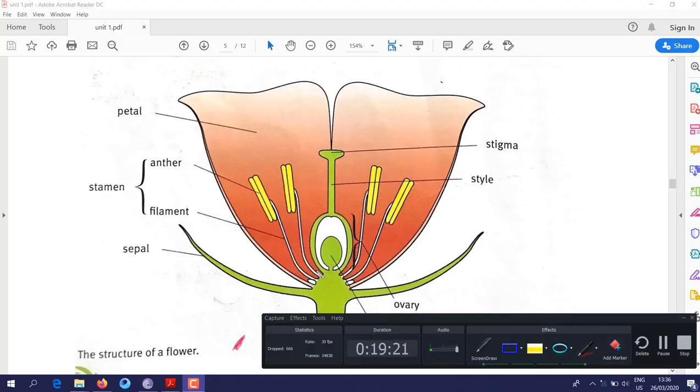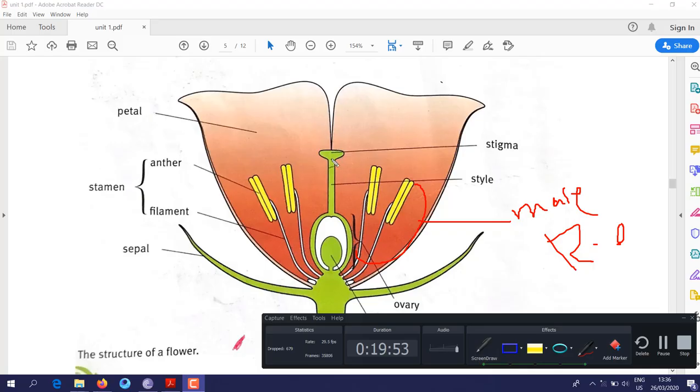Firstly, a flower consists of two types of reproductive organs. We have the male reproductive organ, which is this one, these two parts, we call them the male reproductive organs.